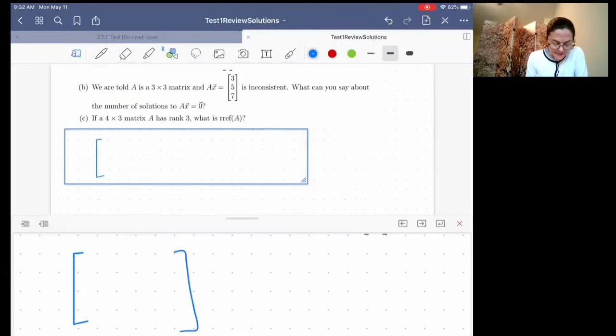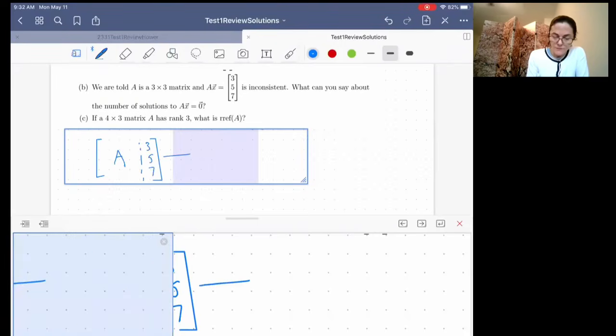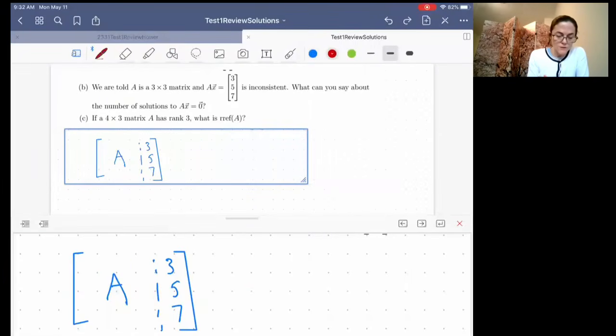What this means, we put A, we put 3, 5, 7. Okay, then we reduce using row operations to reduced row echelon form, or maybe just row echelon form. I'll just go ahead and write reduced because it's fine to think that way.